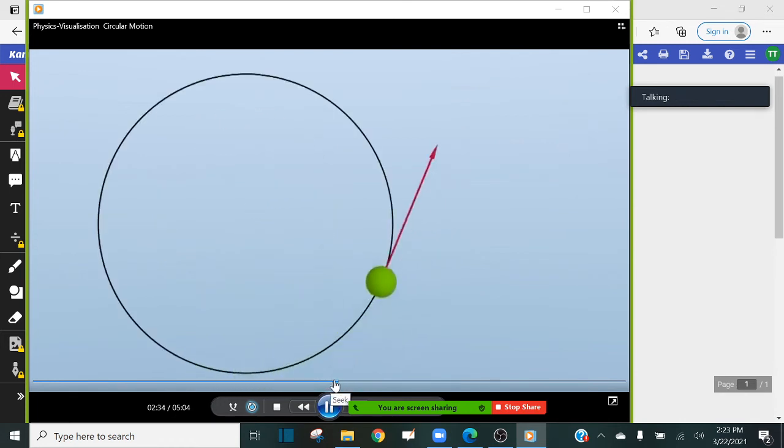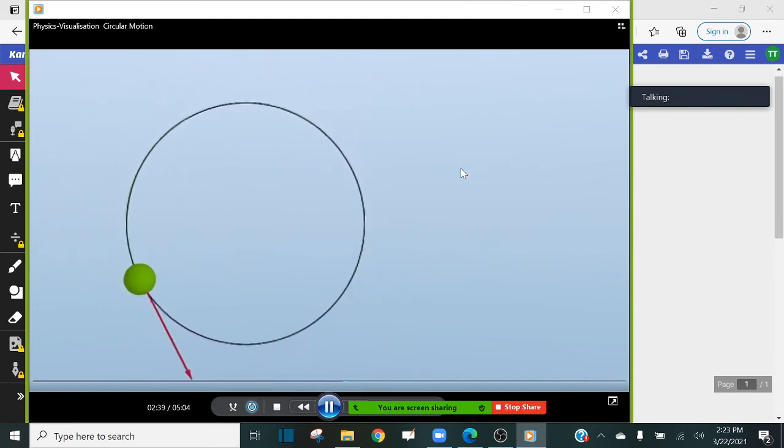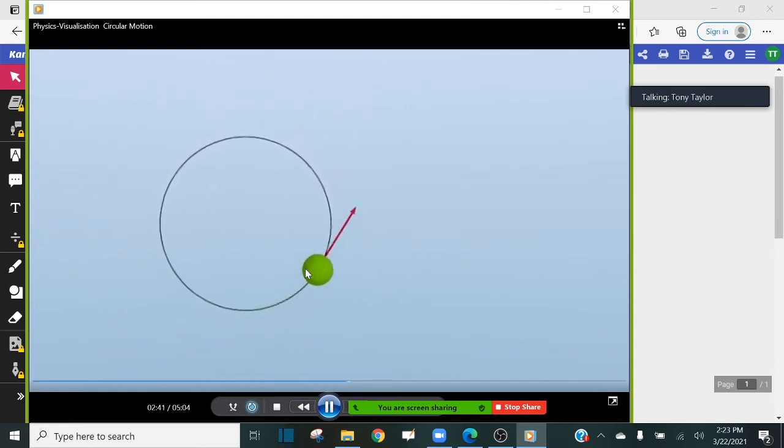So let me go back to this video here. Remember, the purple arrow shows us our tangential velocity vector, and this blue arrow shows us our centripetal acceleration vector. It shows us where the object is accelerating. It's always accelerating toward the center.